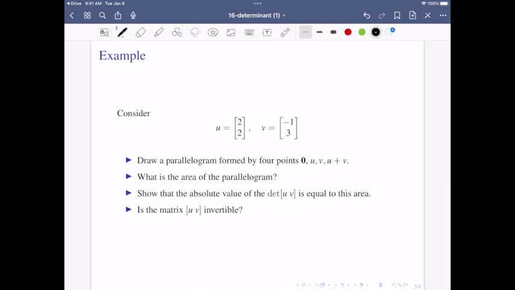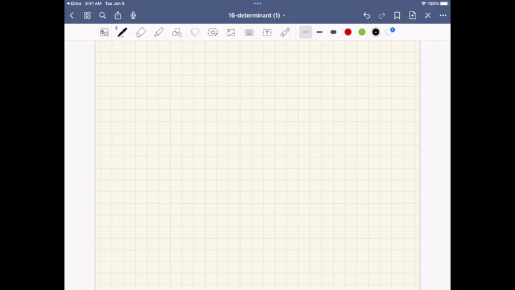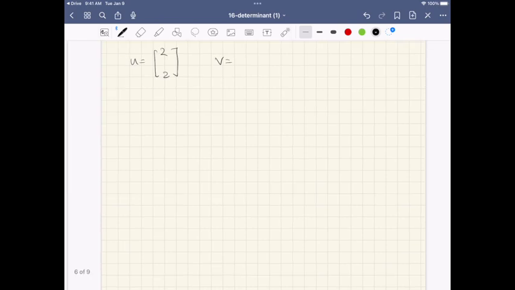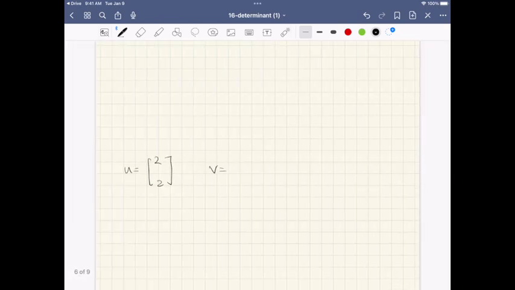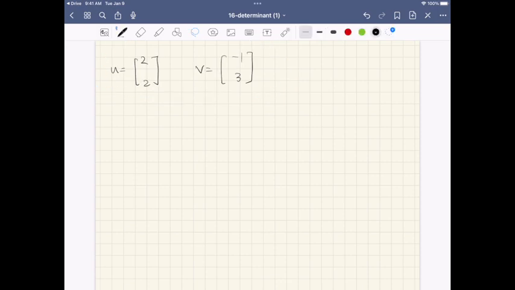So what is the parallelogram? Both vectors can be considered as points in two-dimensional space.